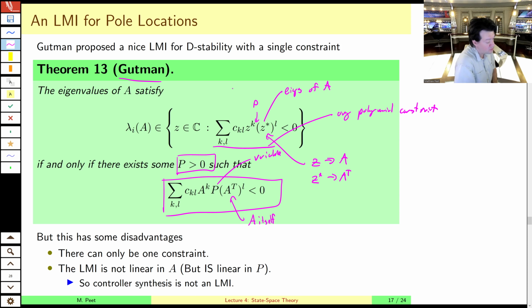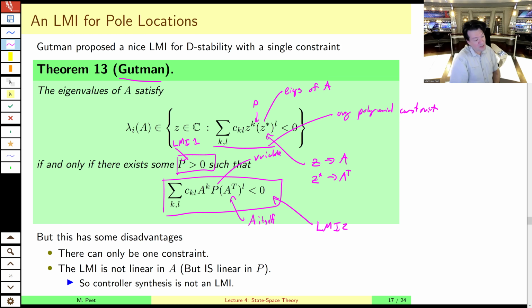So that's pretty cool. This gives us a relatively powerful and versatile way of expressing constraints on the eigenvalues of A as an LMI, at least if there's only one inequality constraint. This is LMI2, and technically this is LMI1, which makes P a candidate Lyapunov function.